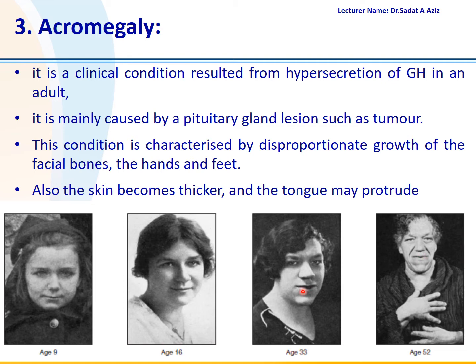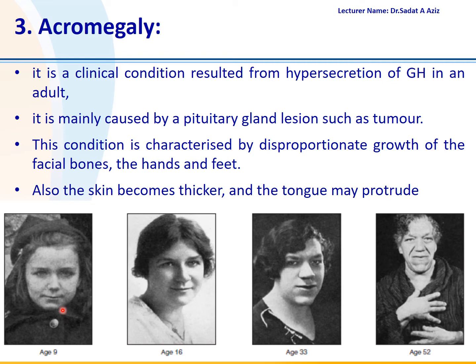Why? Because of the excessive growth of the muscles of the tongue. You know, the tongue is made of muscles, and when there is excessive growth, it might be protruded from the mouth.